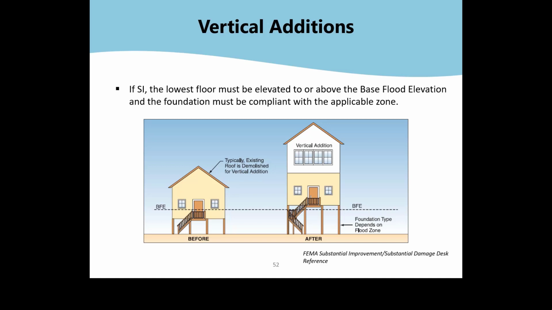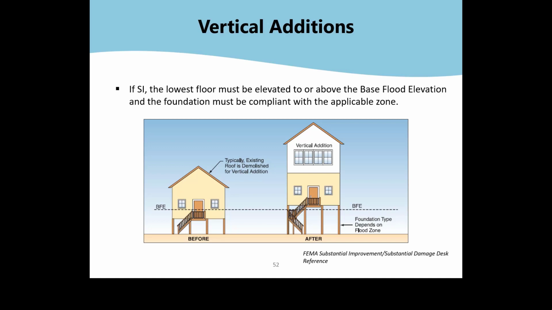For a vertical addition, here we have a situation before, where the lowest floor is below the base flood elevation, and on the right, after the lowest floor has been raised. If we assume this is a V zone, since the building is on piers and pilings, the foundation type was compliant before.